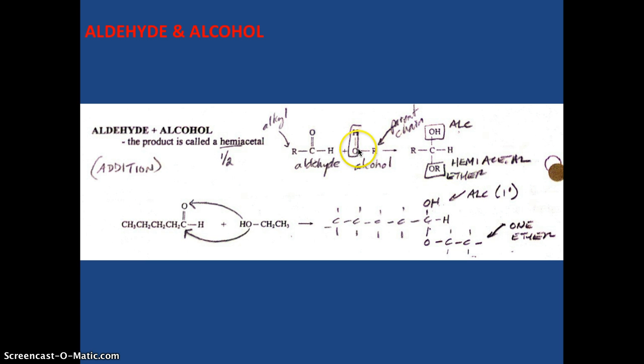We actually have this functional group right here, this alcohol, breaking this double bond. And what happens here is that this hydrogen is going to end up with this oxygen.